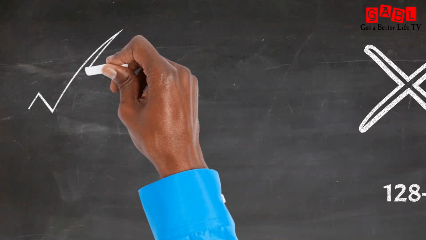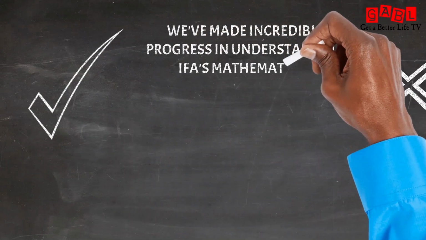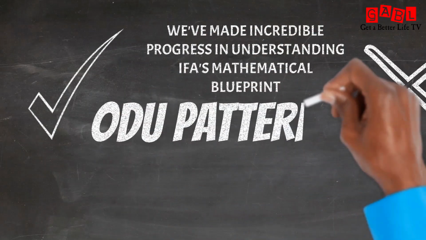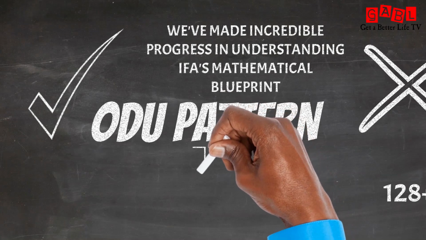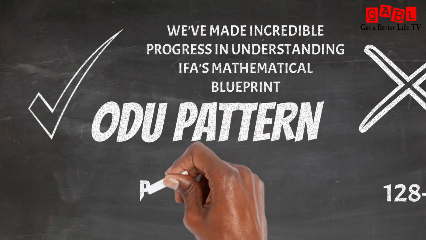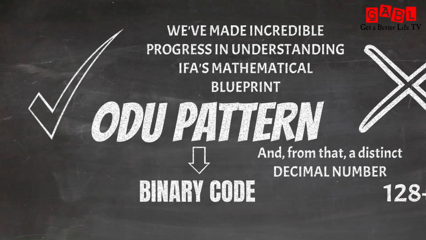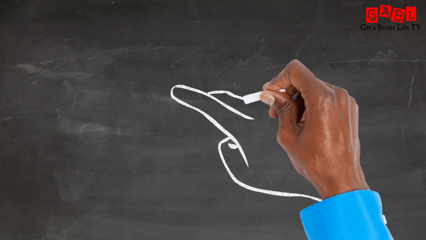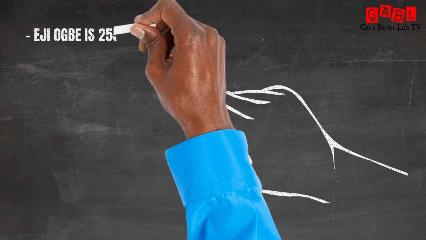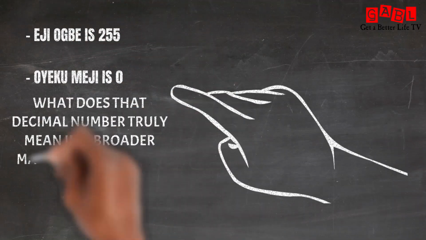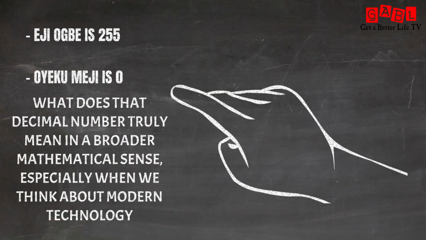Now, we have made incredible progress in understanding Ifa's mathematical blueprint. We have seen how each Odu pattern has a unique binary code, and from that, a distinct decimal number. For instance, Eji Ogbe is 255 and Oyeku Meji is 0.